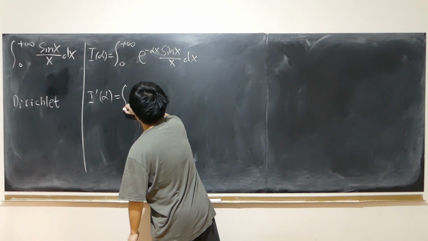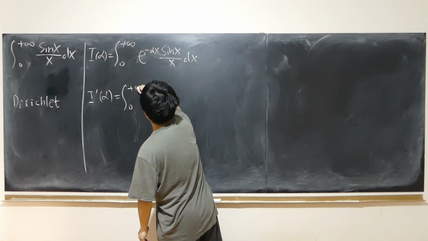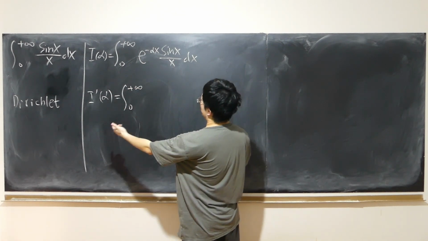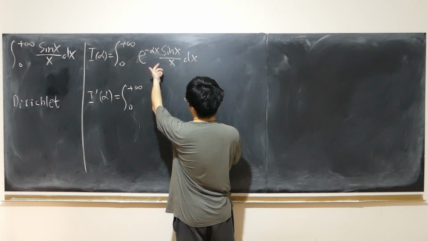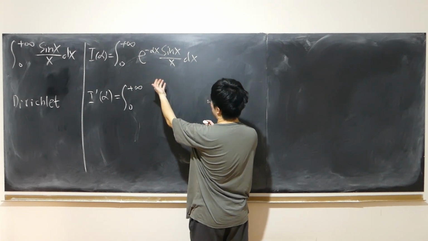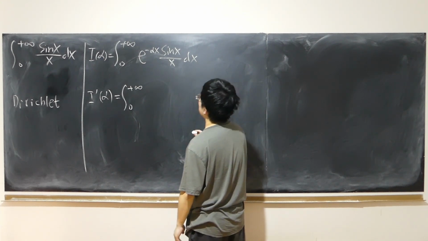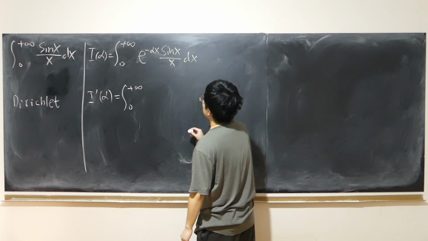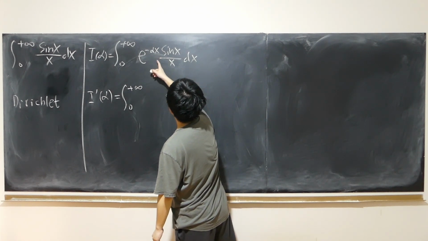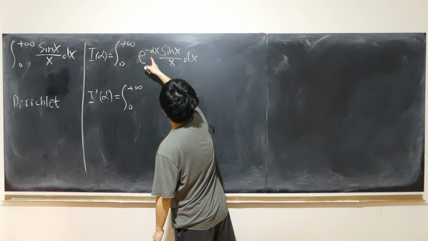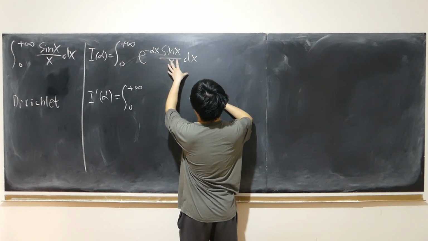So let's do that. 0 to positive infinity. Like I said, differentiate with respect to alpha, so x can be now treated as a constant. Using the chain rule, sine x over x is just a constant, so we can copy that down.